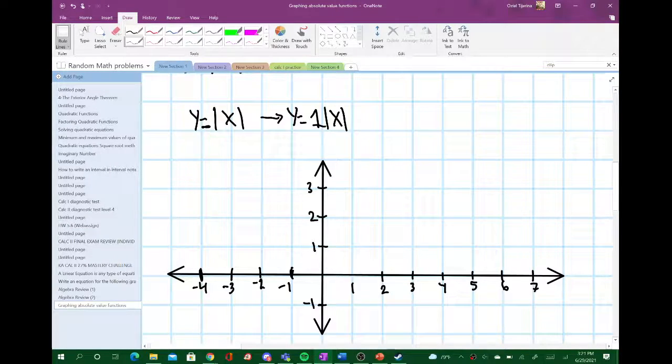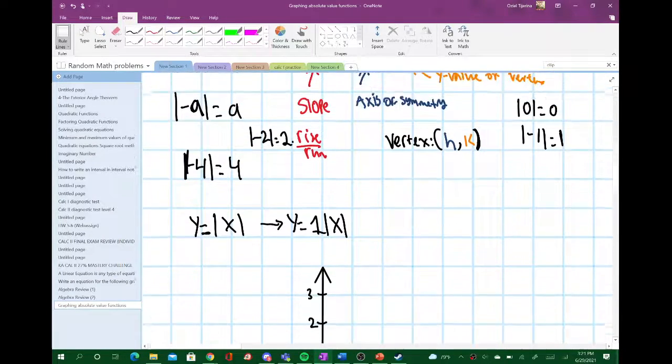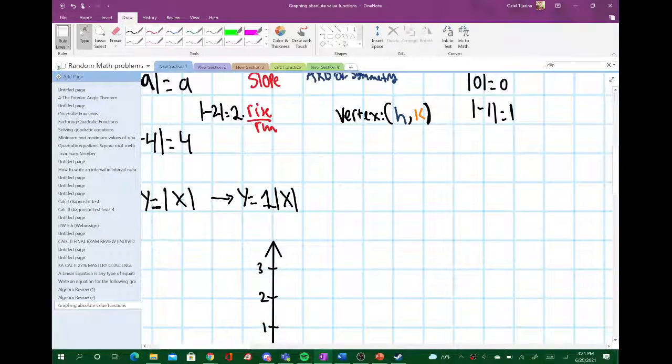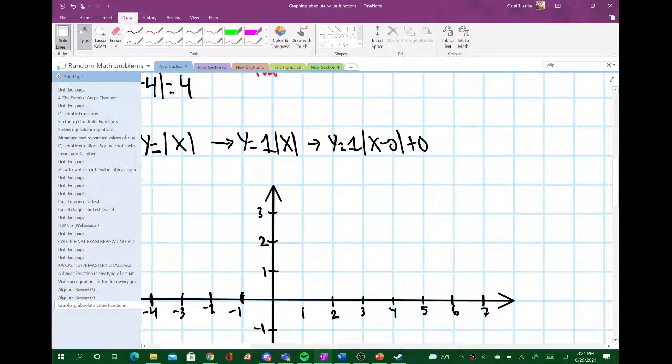If I look at the vertex, I can rewrite this function as the following, right? We can say y is equal to 1 times the absolute value of x minus 0, plus 0, right? That's the way you can write it.